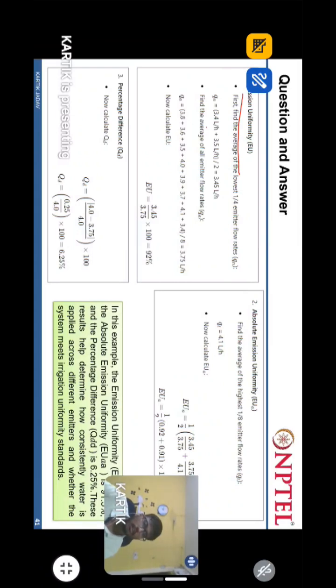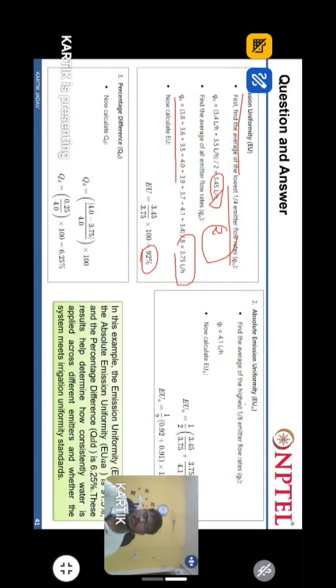Qn is the average of the lowest one-fourth emitter flow rates. One-fourth of the emitters is the lowest two, and this average is 3.45 liter per hour, while the average of all emitters is 3.75. So 3.45 divided by 3.75. So EU is equal to 92%.